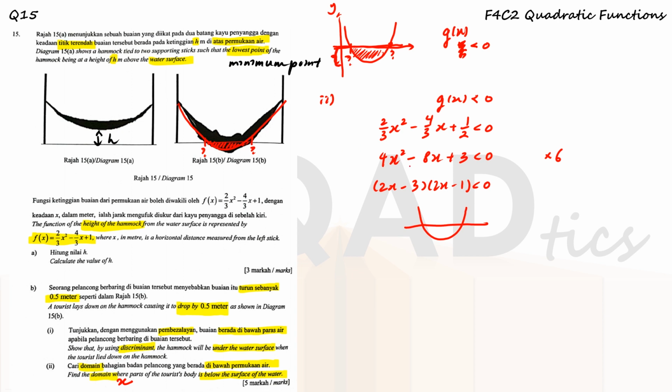Right, so if we convert this into answers, this would be 3 over 2, this would be 1 over 2. Okay, so this would be the roots. So since we are focusing on this part, our answer would be the x is between 1 over 2 and 3 over 2. And with that, we have completed the discussion of this past year paper.